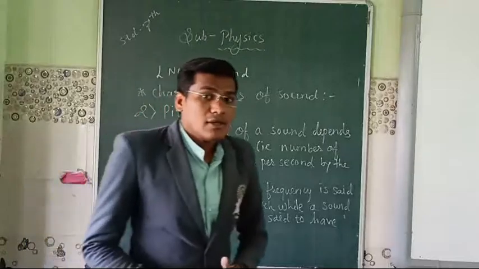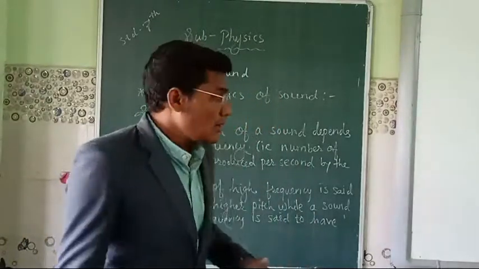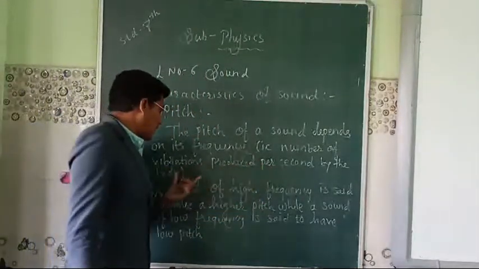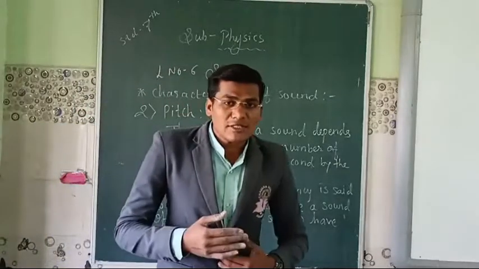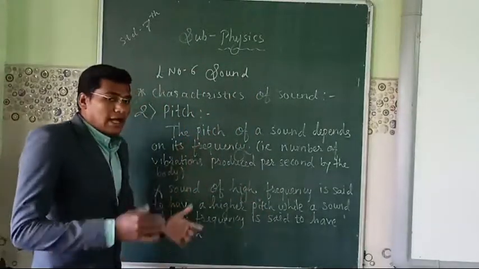Frequency means what? The number of vibrations per second. It means the number of vibrations produced per second by the body. The more vibrations produced by the body, the more pitch there will be, and the fewer, the less pitch there will be.